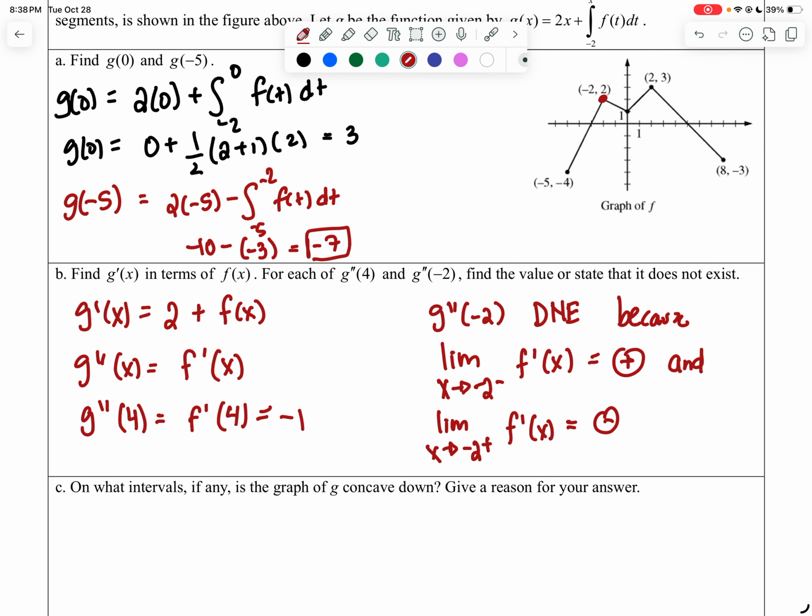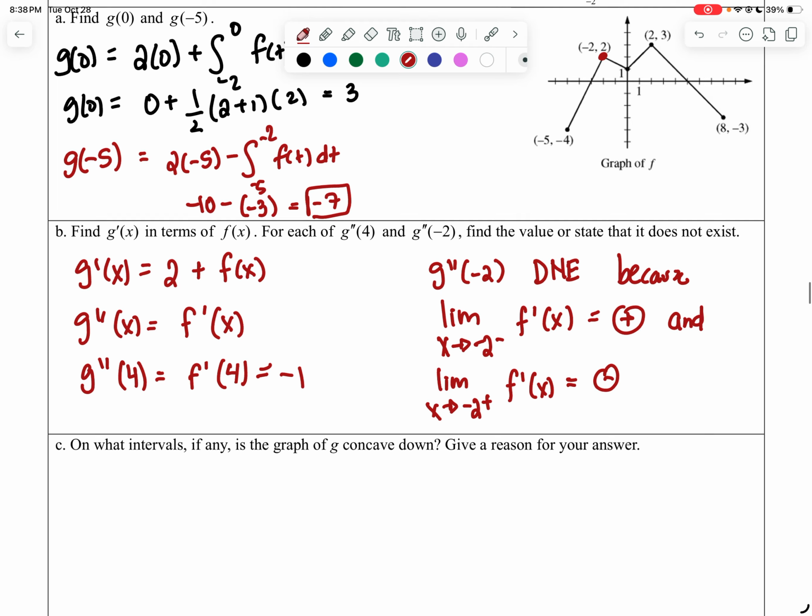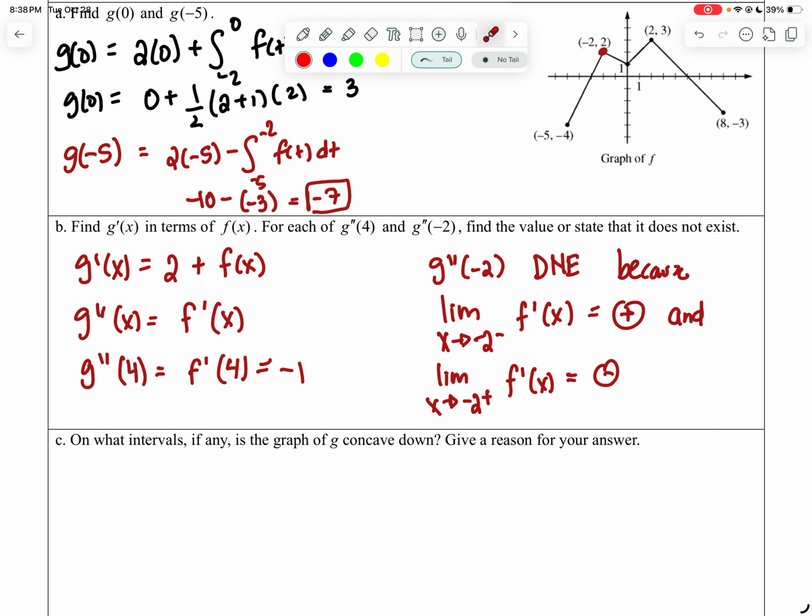All right, for part C, it's asking us when is g concave down? Give a reason for our answer. Well, g is concave down when f prime of x is less than 0. Well, plot twist. I can't say that because I have the graph of f. So you have to tell me in terms of f what's happening.